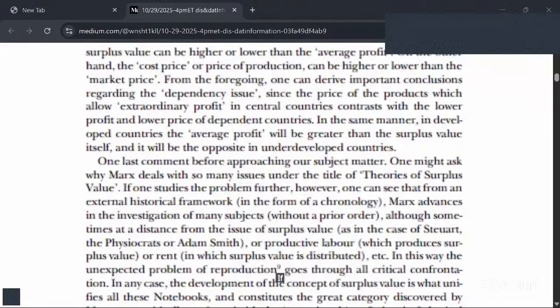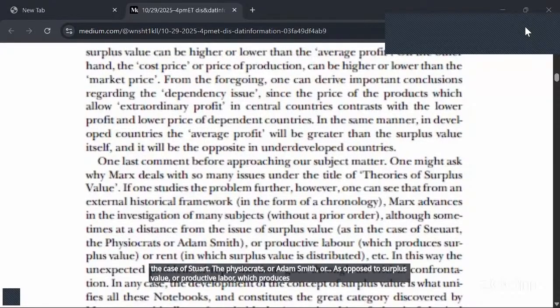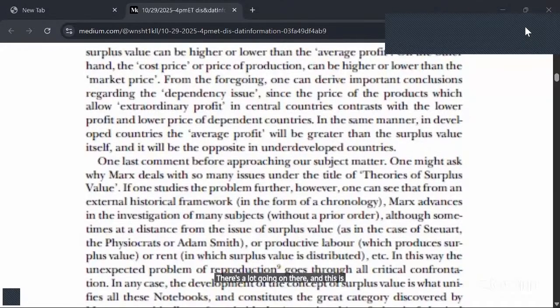If one studies the problem further, however, one can see that from an external historical framework in the form of a chronology, Marx advances in the investigation of many subjects without this prior order, although sometimes at a distance from the issue of surplus value, as in the case of Stuart, the physiocrats, or Adam Smith, as opposed to surplus value, or productive labor, which produces surplus value, or rent, in which surplus value is distributed, etc. There's a lot going on there, and this is why Stuart is important in that way.